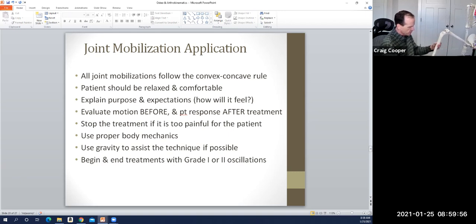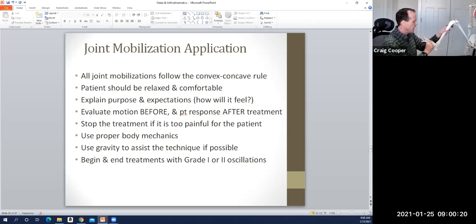If I go down to the foot, now I've got a different scenario. At the foot, the talus is convex, and the underside of the tibia is concave. So now if I'm trying to improve dorsiflexion or plantar flexion, that's going to flip, because now if I'm moving the foot relative to the tibia, I need to go the opposite direction.